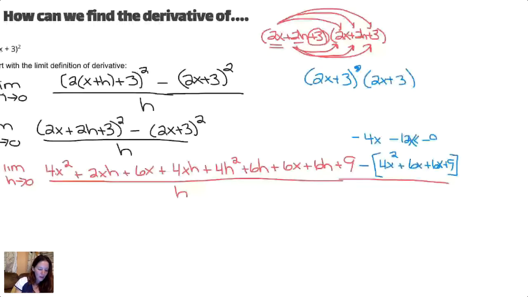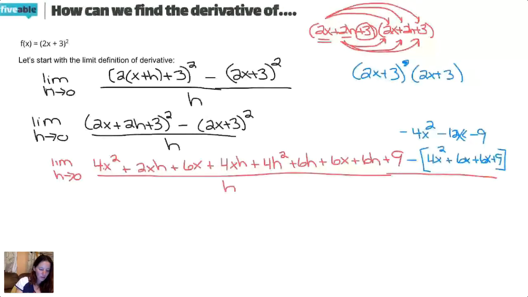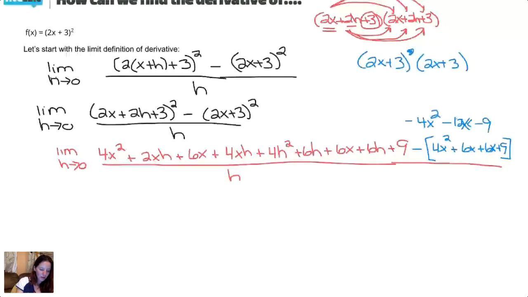So now I want to start canceling things out. You start seeing things that cancel. So we got a 4x squared here. That cancels with the 4x squared there. And then what else do we have that cancels?